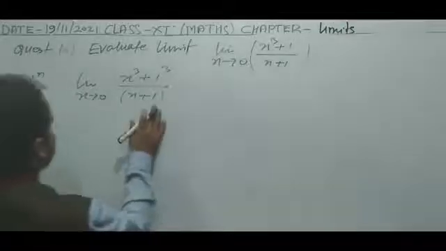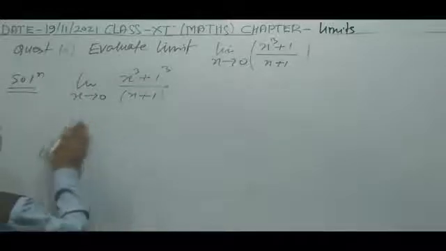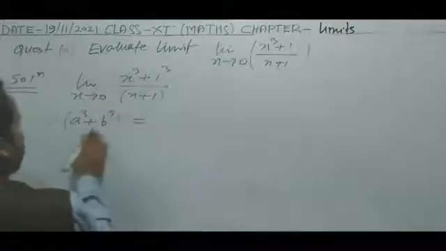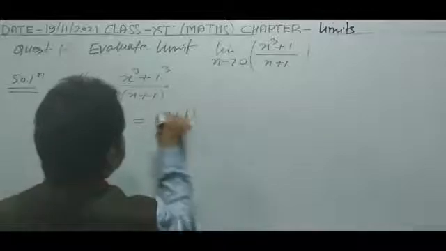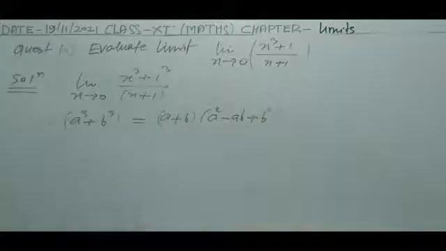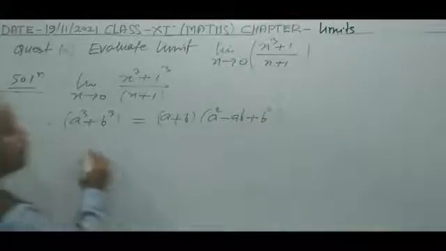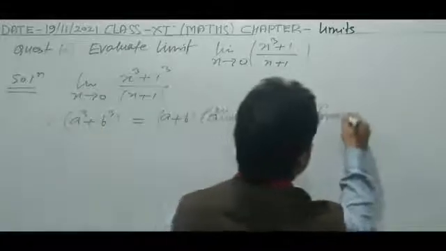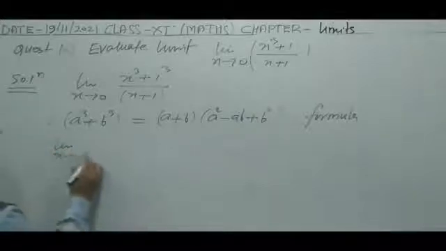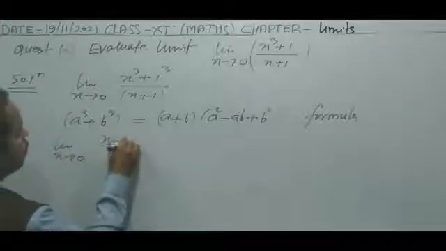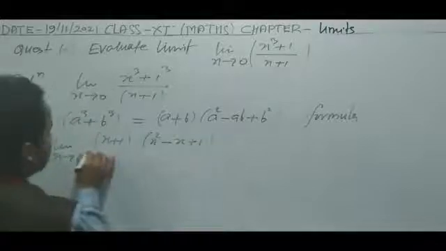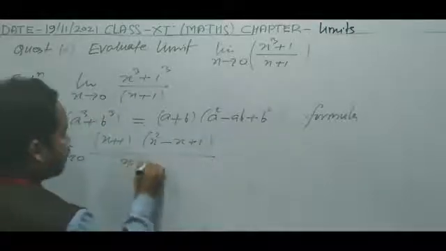Now in this question, you know the formula for a cube plus b cube. What is the formula? A plus b in bracket a square minus ab plus b square. So limit x tends to 0, this is x plus 1 into x square minus x plus 1 whole upon x plus 1.